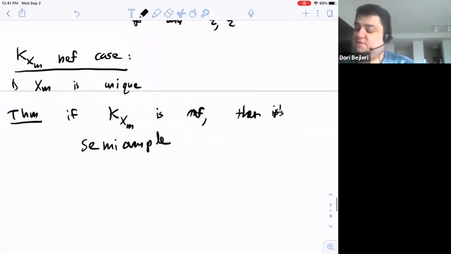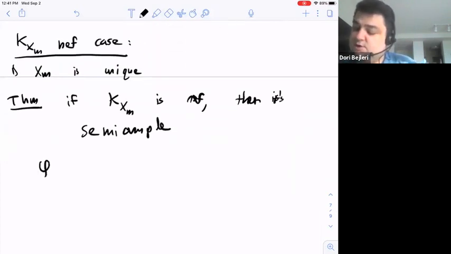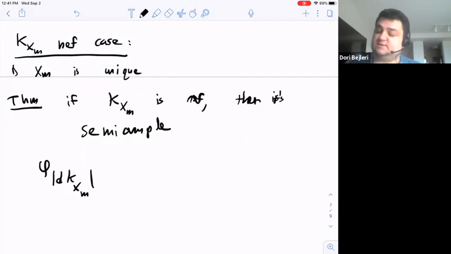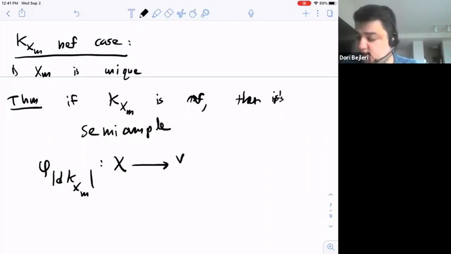And if you recall from before, what that means is that some large multiple actually gives you a morphism to projective space rather than just a rational map. And this morphism, we can take its image and just call it Y. So Y is whatever the image of this morphism is.